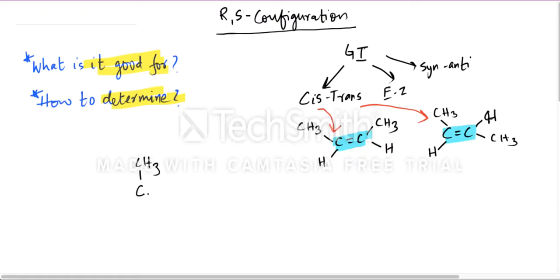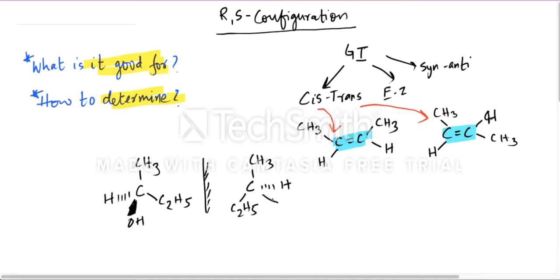I am taking an example of butan-2-ol. If we draw one of the structures of butan-2-ol, this is the structure. This OH is coming out of the plane and H is going into the plane, and these two are in the same plane. The other configuration of this molecule will be the mirror image of the previous one, so I'm just drawing the mirror image.